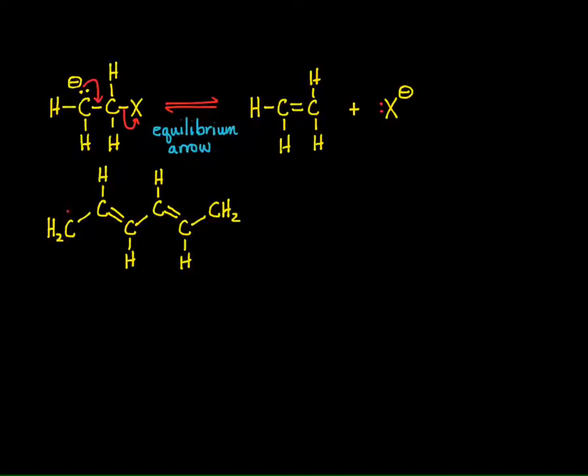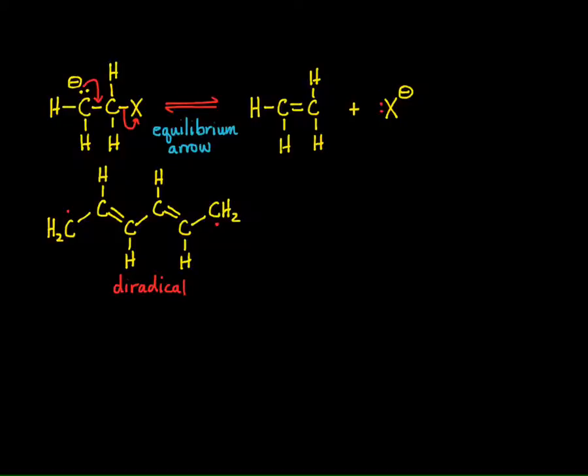Well, I'm going to add an electron to each carbon. When I do that, the carbons don't have an octet of electrons around them, but they are neutral. So they're neutral species. Whenever you have an unpaired electron that is neutral, it's called a radical. So when I have two unpaired electrons, this is called a diradical.